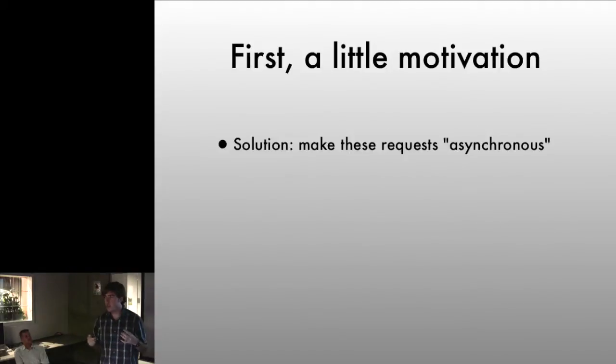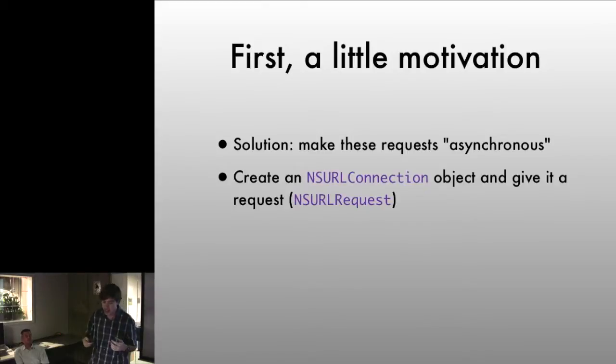So the solution is to make these requests asynchronous. That is, they run on their own background process, sort of a thread, and when certain events in that URL's processing cycle happen, they're going to notify the object that made the request. So the idea is you make an NSURLConnection object, you pass it a URL request, which in most cases can just be a URL wrapped up from a string.